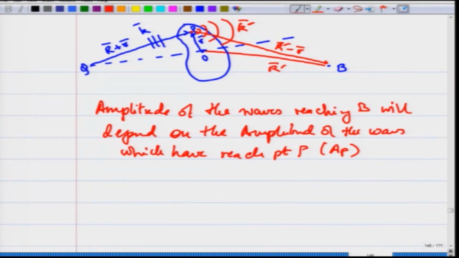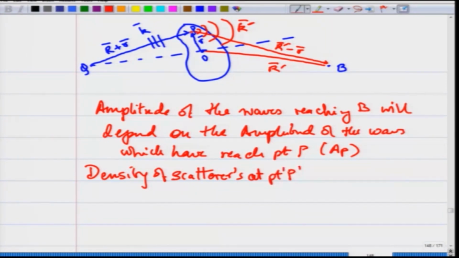But apart from that, it will also depend on the density of scatterers which are present at point P, because if you have 10 such points, each of them is considered to be generating spherical waves.